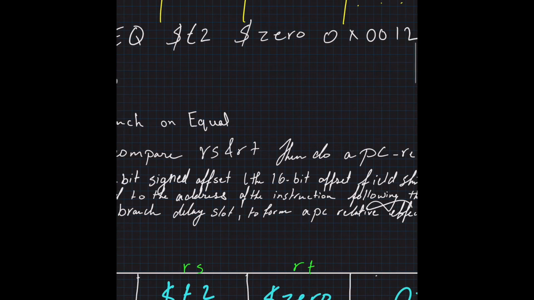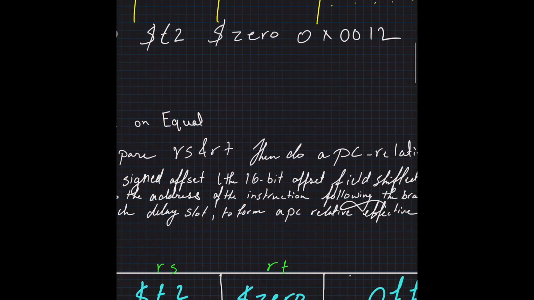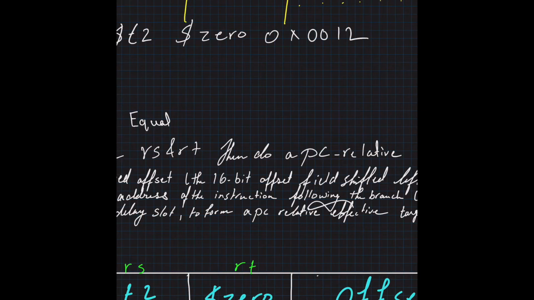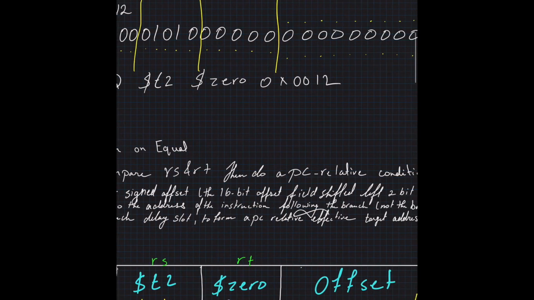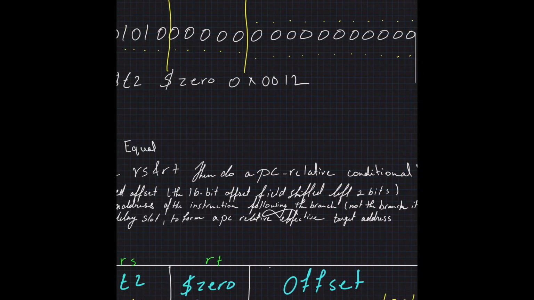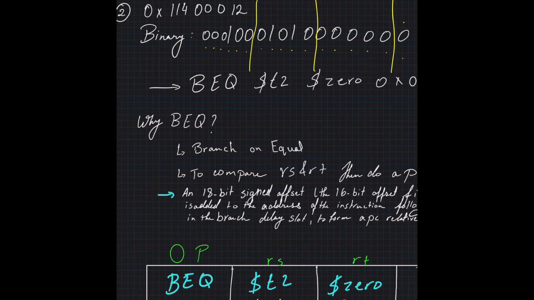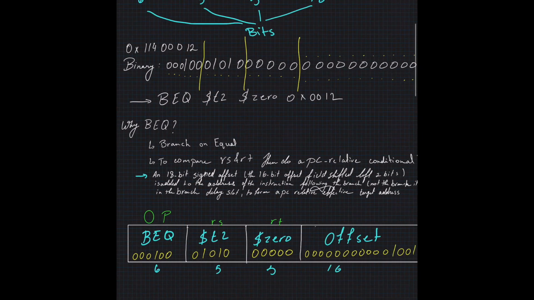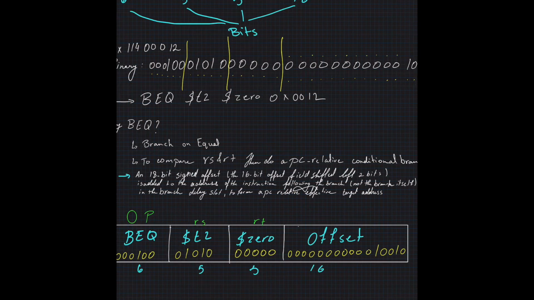Why BEQ? It means branch on equal, and to compare RS and RT, I had to use it, then do a PC-relative conditional branch, which makes me need to use the BEQ.